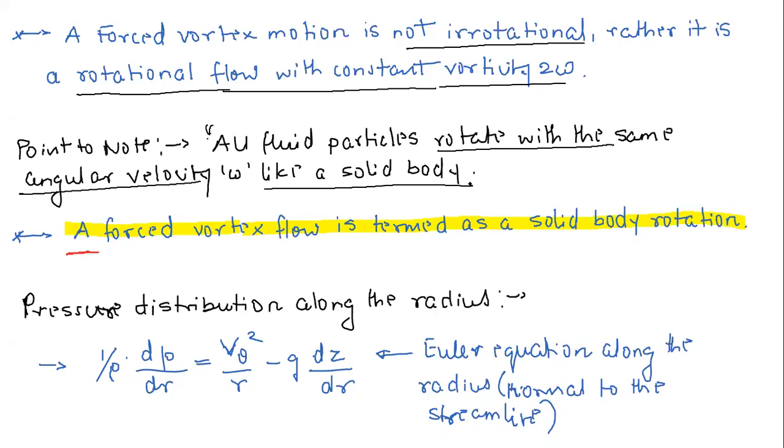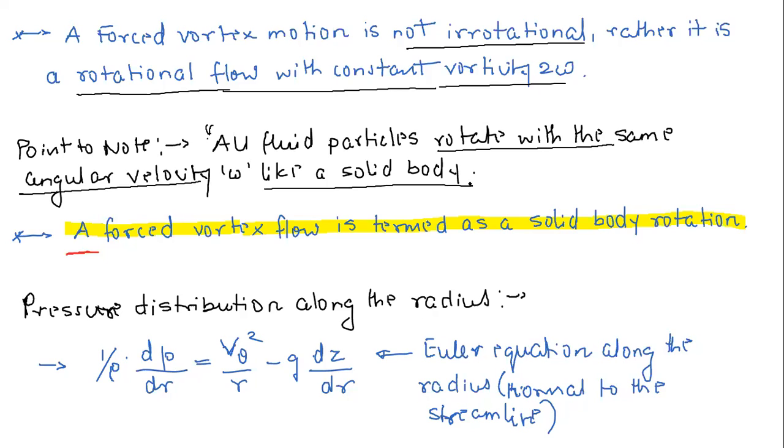When rotation is absent, we simply say that the element is going to deform. We already know fluid elements deform, right? So in a free vortex flow, the fluid element is going to deform into pure shear, and there will be no rotational component there. But here, what is going to happen? Here, this is very important: your fluid particles will not deform under the action of shear stresses.